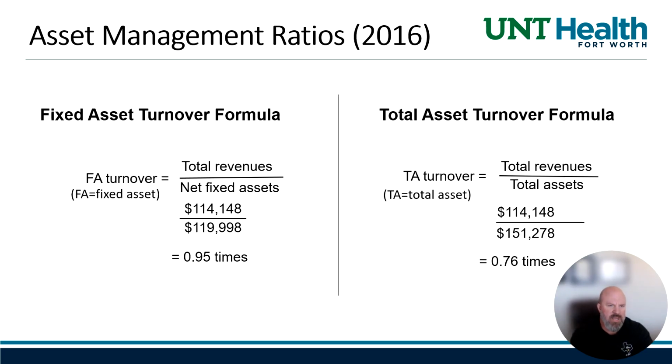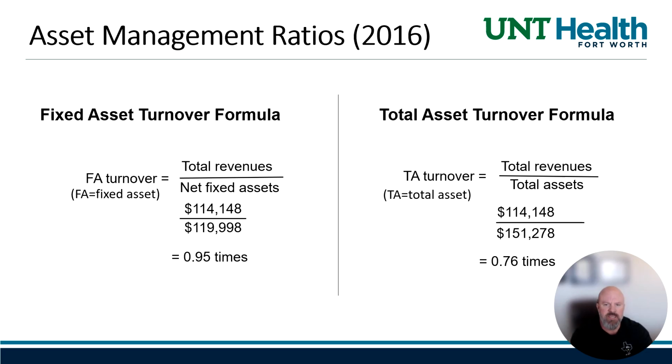Some more asset management ratios: your fixed asset turnover formula. Remember, fixed assets are something that's attached to the ground. You can't pick it up and move it: property, plant, and equipment, things like that. That ratio is your total revenues divided by your net fixed assets. So you have what you've made divided by the value of your assets, and it's 0.95 for this year. Your total asset turnover is your total revenues divided by your total assets.